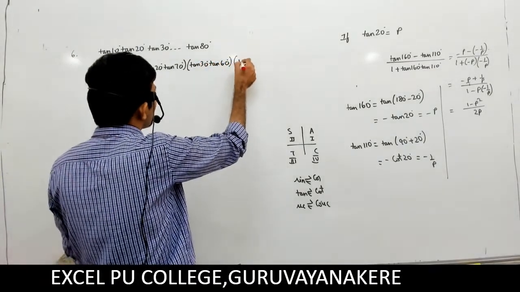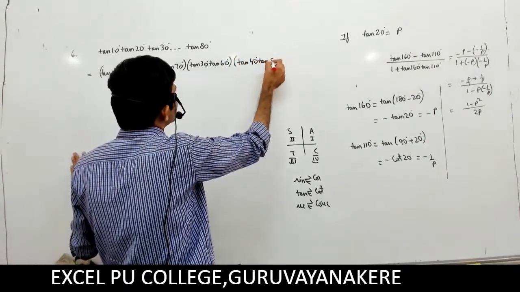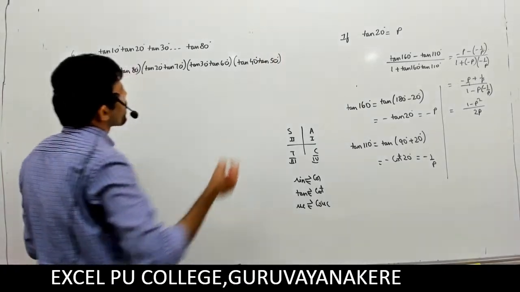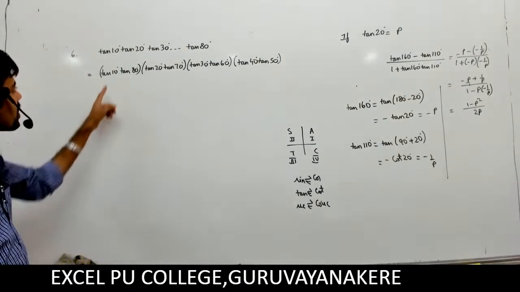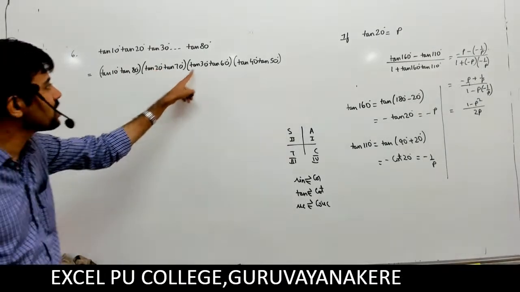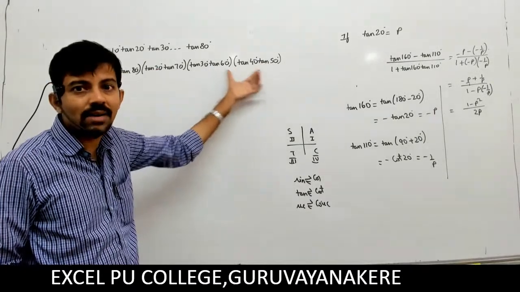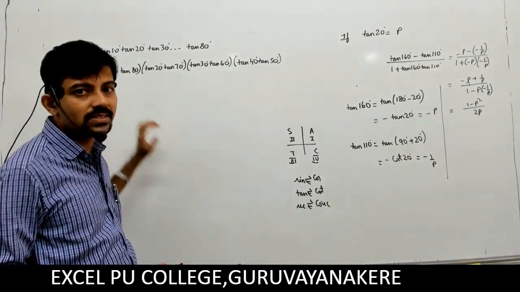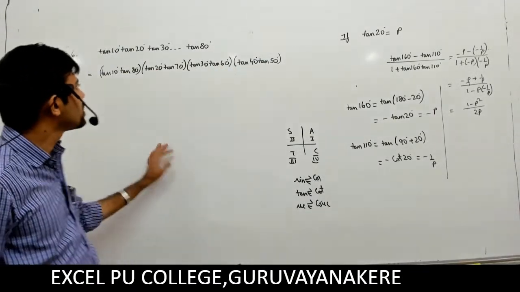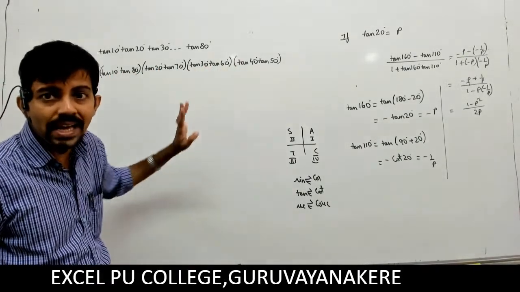Then tan 40 into tan 50. 10 plus 80 is 90, 20 plus 70 is 90, 30 plus 60 is 90, 40 plus 50 is 90. That's why I combine those functions in brackets. See that the sum of the angles is 90 in each bracket.